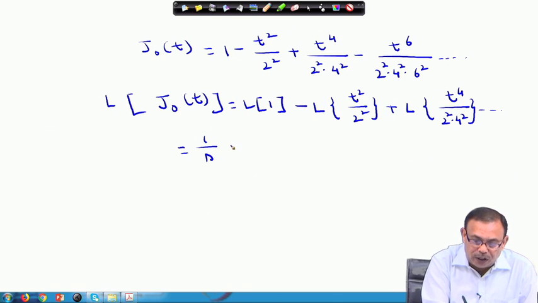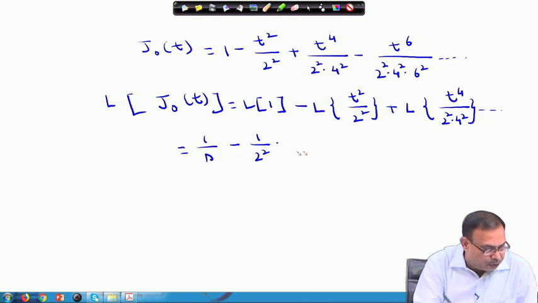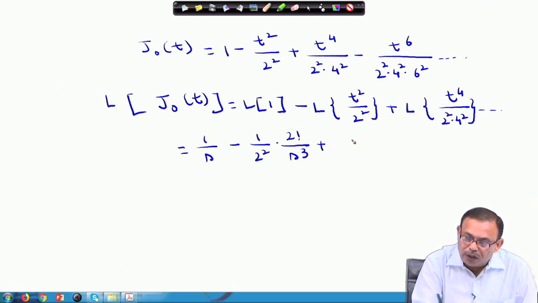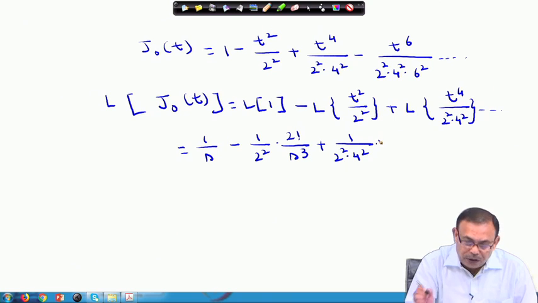The Laplace transform of 1 is 1 by s, and 1 by 2 square will go out. So, the Laplace transform of t square is factorial 2 by s cube, we can do it easily, plus 1 by 2 square into 4 square, and t to the power 4 will give factorial 4 by s to the power 5, and it will continue like this.